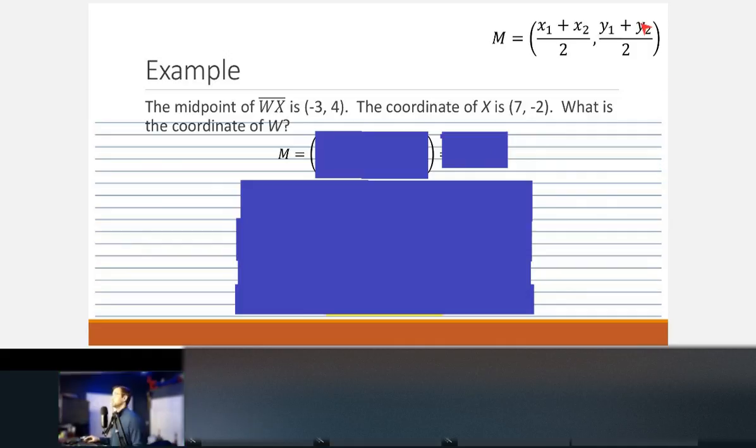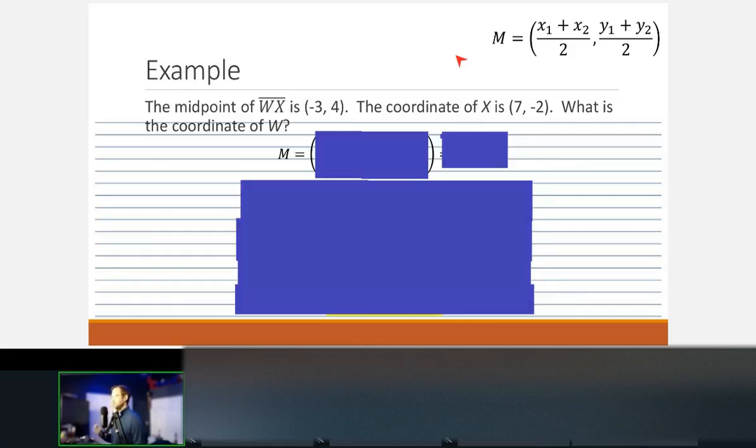Give me a green check when you have done those two things. You wrote it down, you labeled the different coordinates, and then you set up the equation. Once you have it set up, just give me a green check so I know that you are ready to go on. If you are unsure about the equation, that's okay. Do what you can.